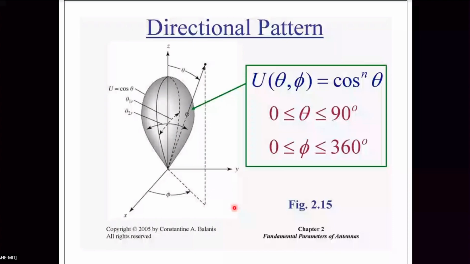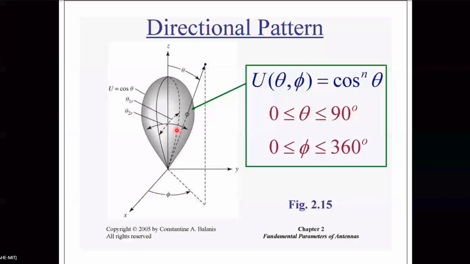Any cos to the power of n theta is rotationally symmetric. And for such patterns, theta 1 r and theta 2 r will be the same. You are finding theta 1 r and theta 2 r in two orthogonal planes. Both these orthogonal planes are in the vertical plane.